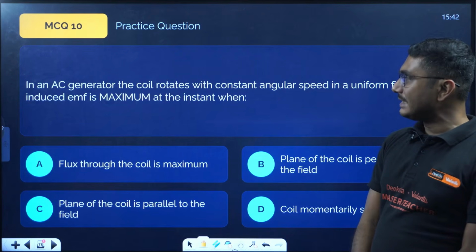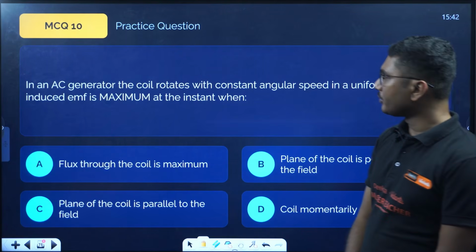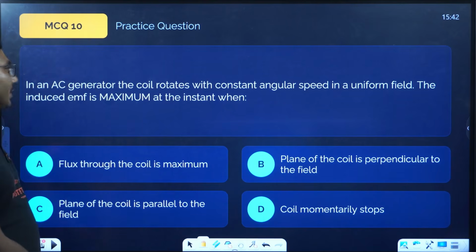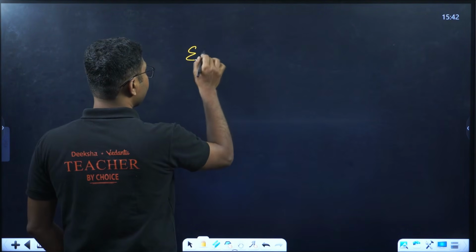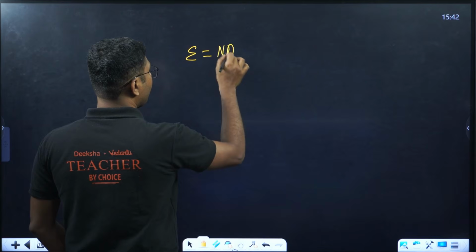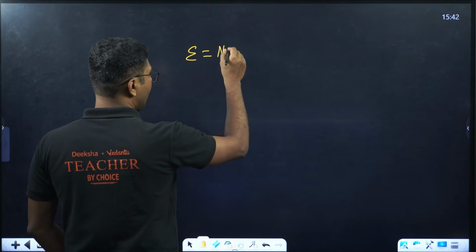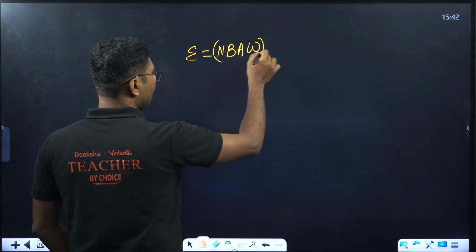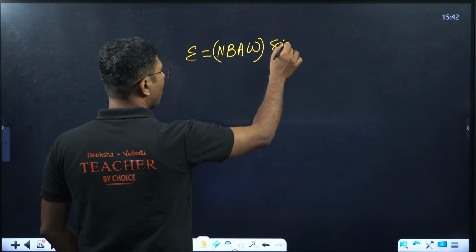In an AC generator, the coil rotates with constant angular speed in a uniform field. The induced EMF is maximum at the instant when... So what is the formula for induced EMF? Induced EMF is NAB, or NBA, into omega into sine omega t.